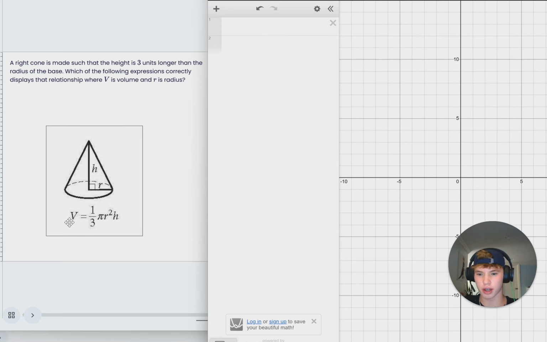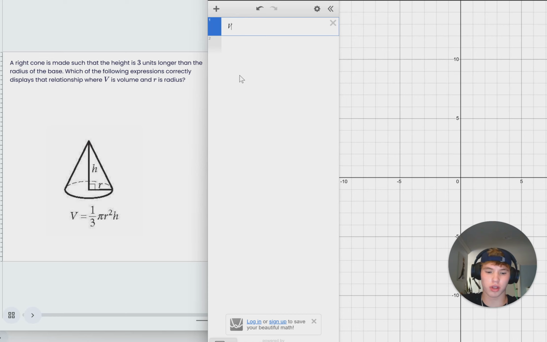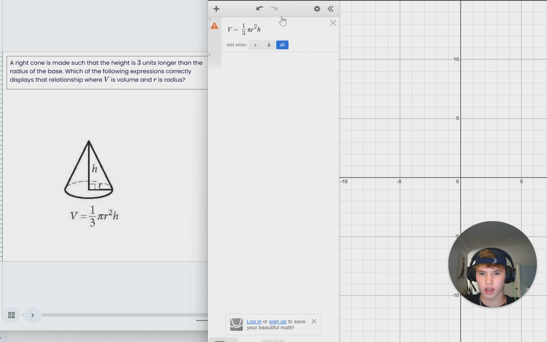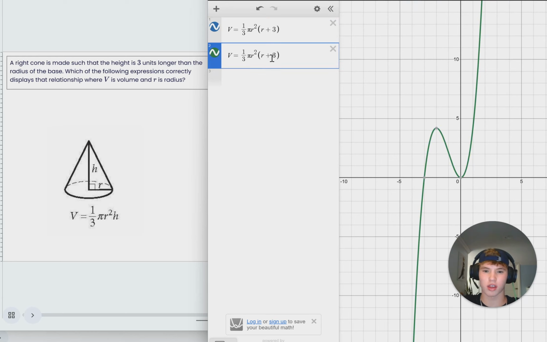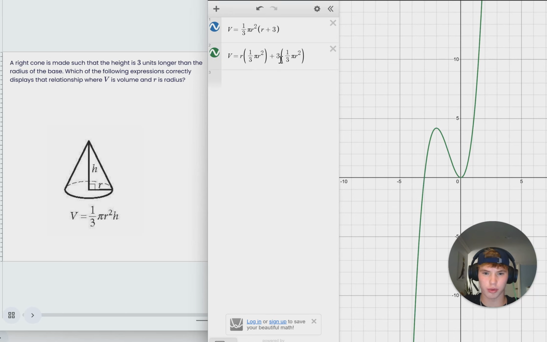So we know the volume of a right cone is v equals 1/3 pi r squared times h. So we can plug that in here. And remember, we said that the height is 3 units longer than the radius, so instead of h, I'm going to put r plus 3. And now I'm going to distribute the r out and the 3 out. Okay, here we go.